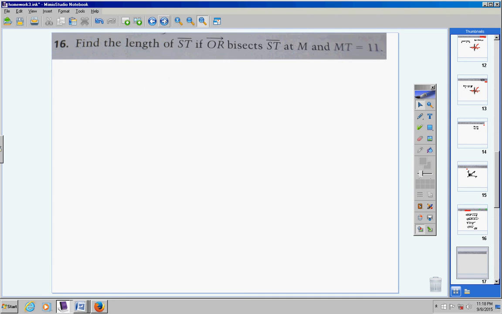Okay, continuing on to number 16. Find the length of ST if OR bisects ST at M and MT is 11. Wow, that's confusing. Okay, let's take our time and work our way through this, okay? Here we go. Find the length of ST. So I know I'm going to have a segment that has ST on it, okay?